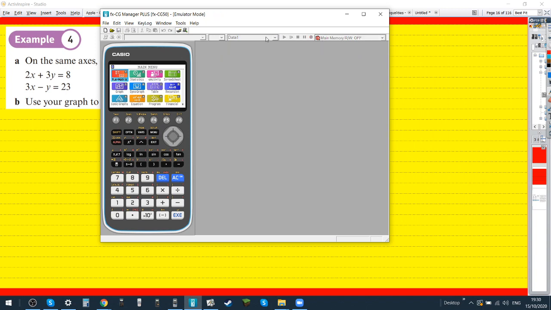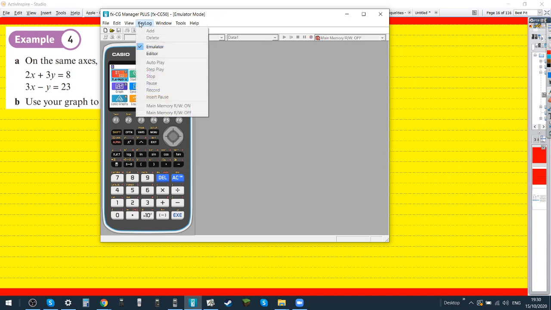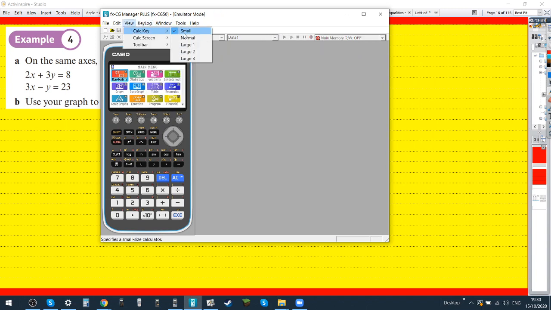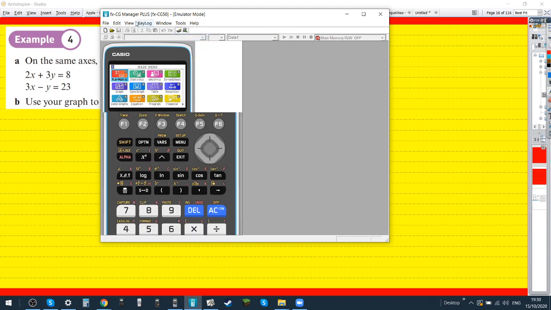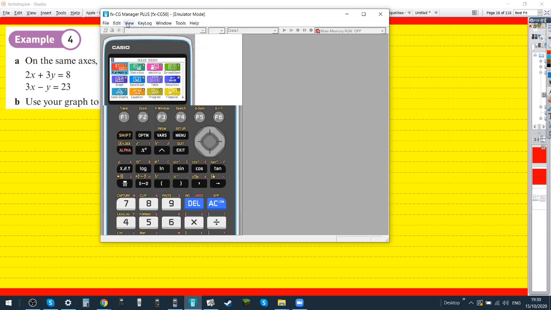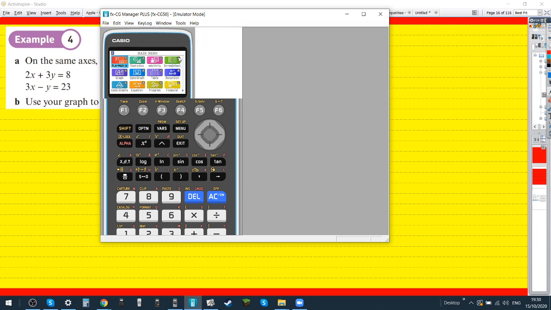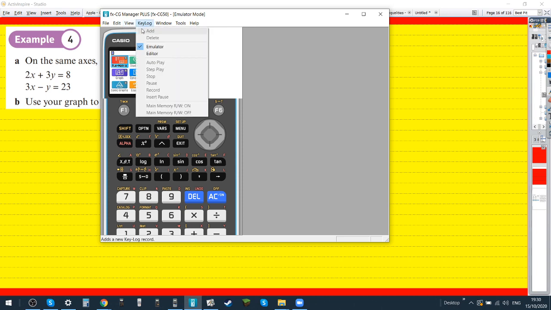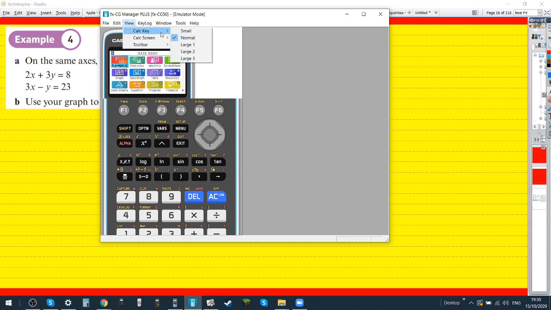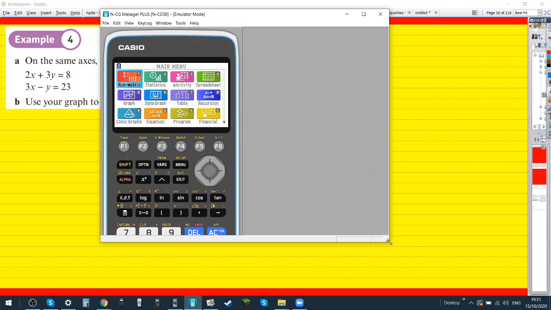So just like y equals. It might be easier to start with the second one. 3x minus y equals 23. So would you minus 23 on both sides first? I would add y to both sides.